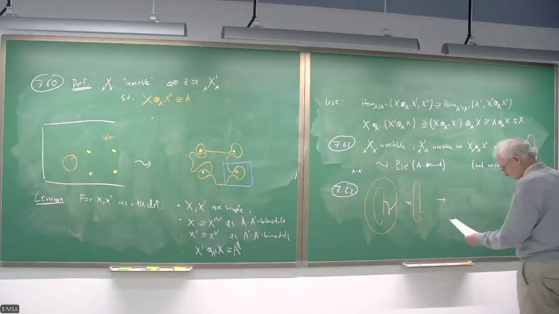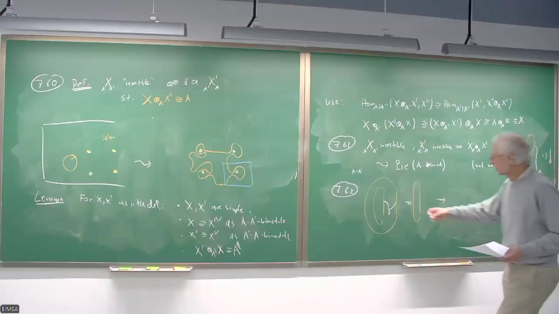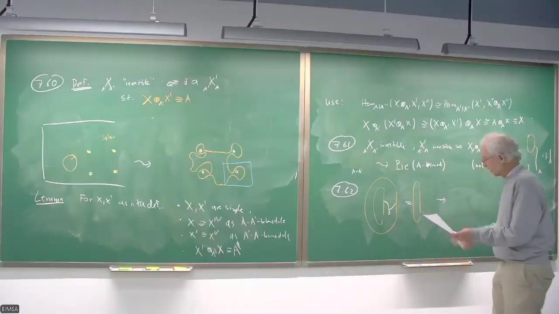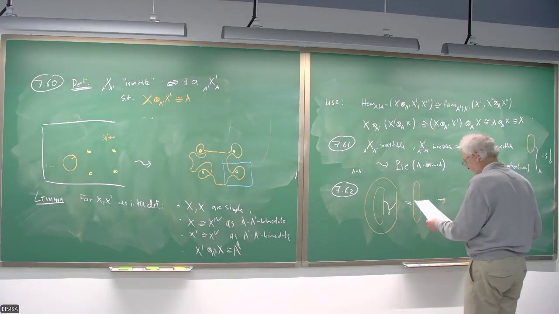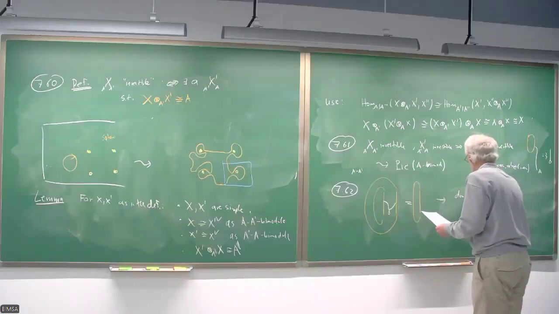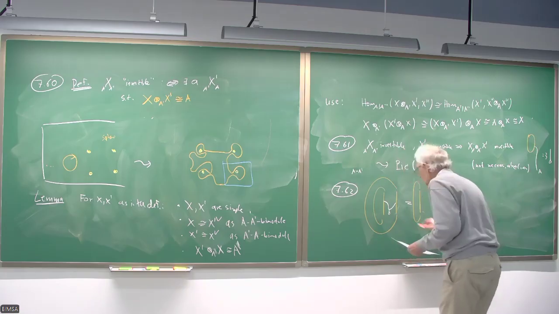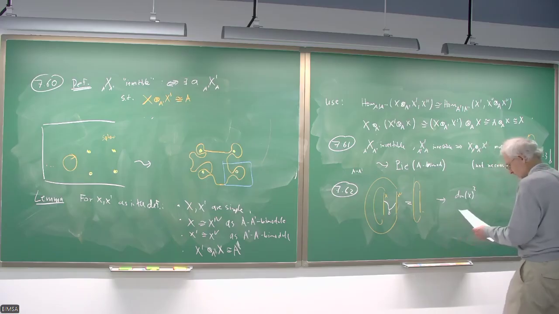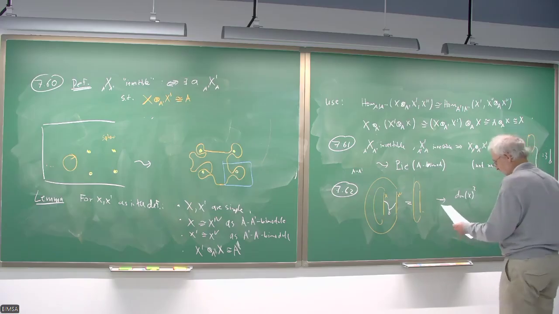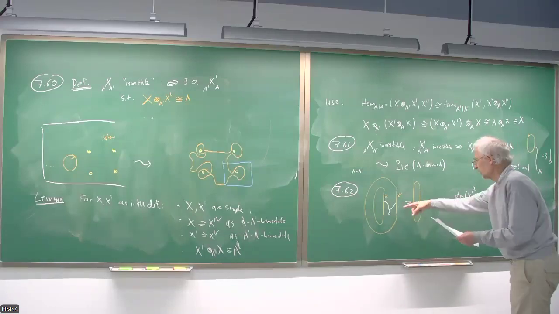And it follows from this that this is a multiple of the unit. And then you see that you can simplify this, and the result is that the dimension of X squared, if you assume this is X and this is X dual, divided by the dimension of A, what we get from the left side.